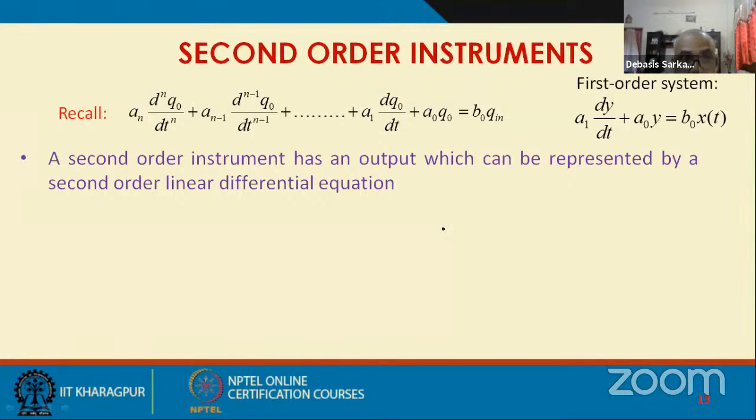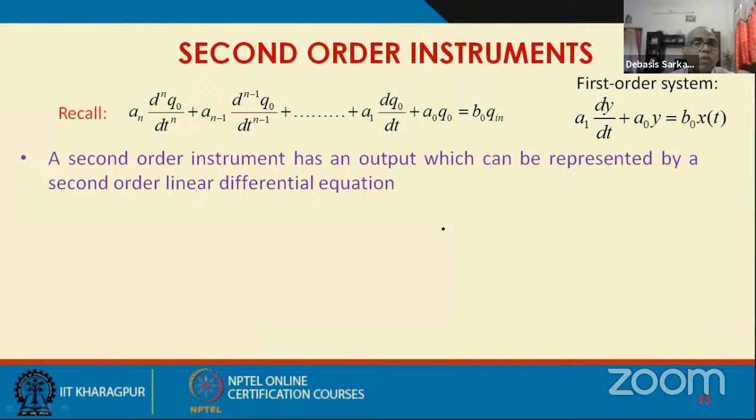Similarly, a second order instrument can be mathematically represented by a second order ordinary differential equation with constant coefficients. In general, we can say an nth order instrument or nth order system can be mathematically represented by an nth order differential equation with constant coefficients.